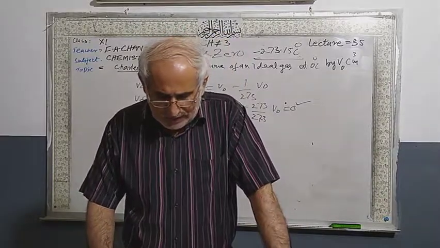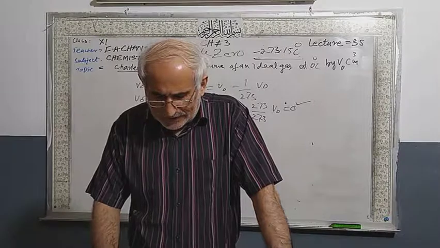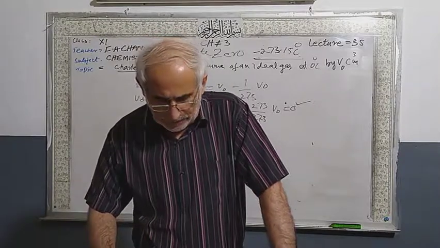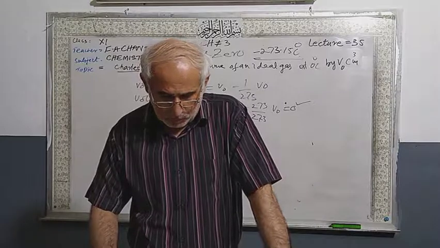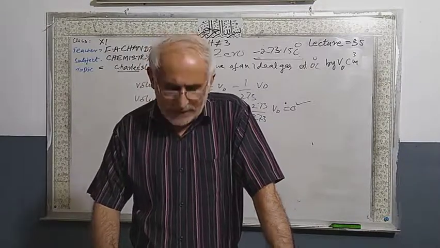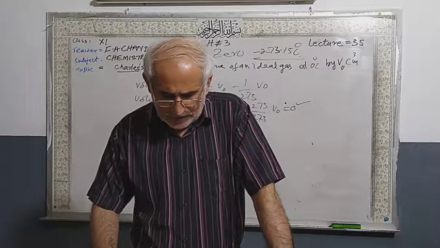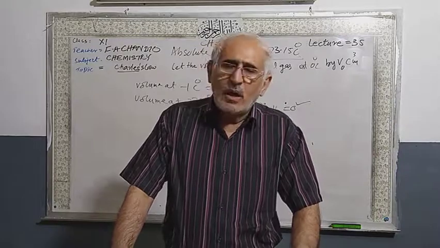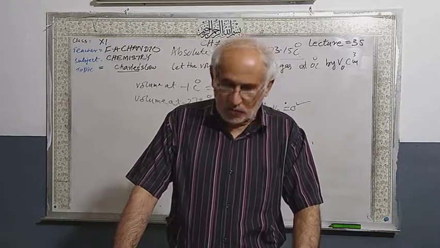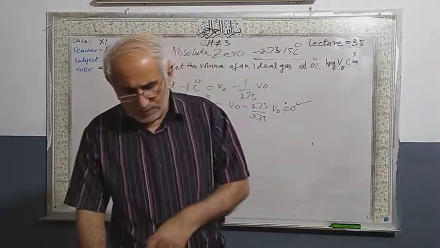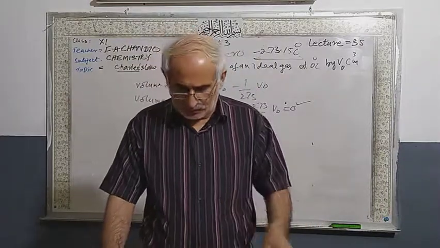Absolute zero may be initialized to get a Kelvin scale temperature starting from minus 273.15, which is called 0 Kelvin. So this minus 273.15 degrees Celsius is called absolute zero, which is the lowest possible temperature for the gases.